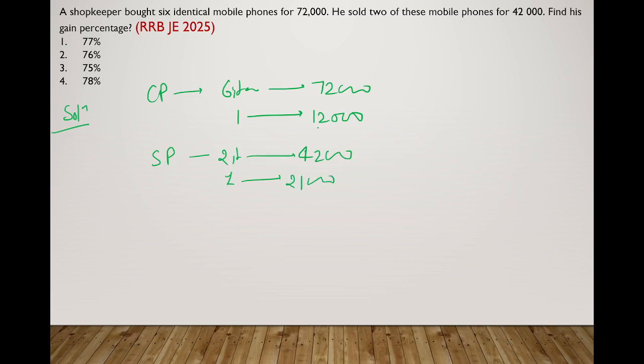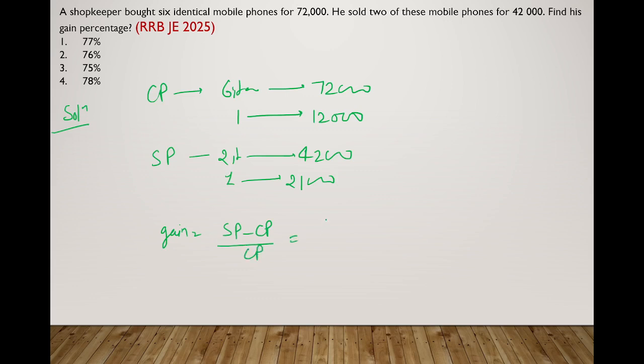We need to find out the gain. Gain means SP minus CP, divided by CP.